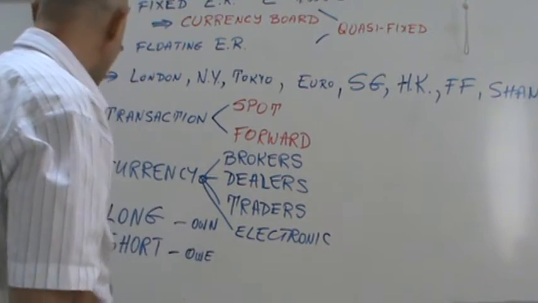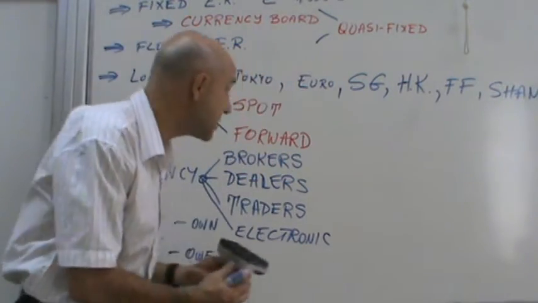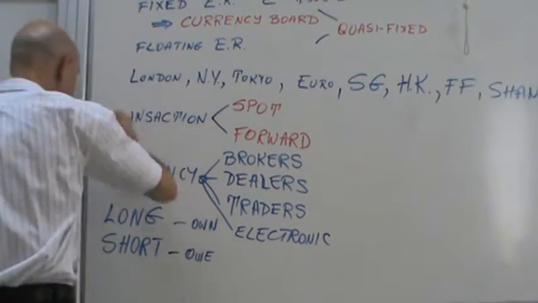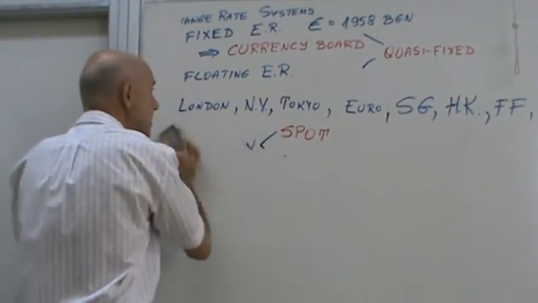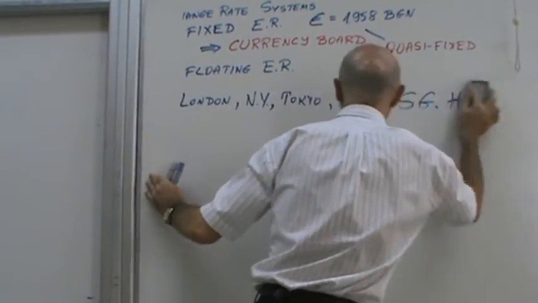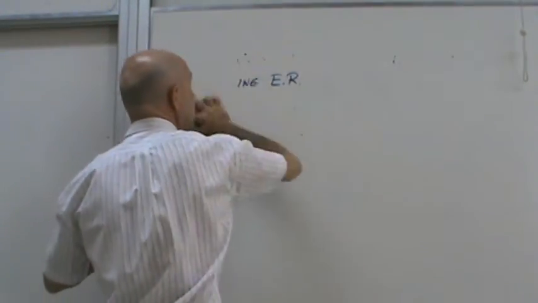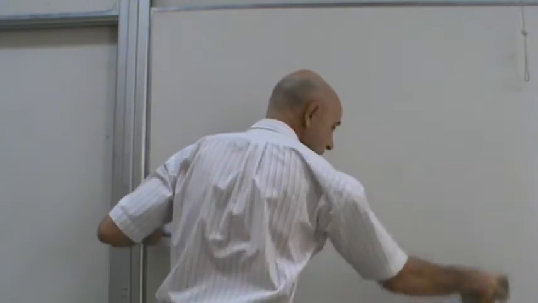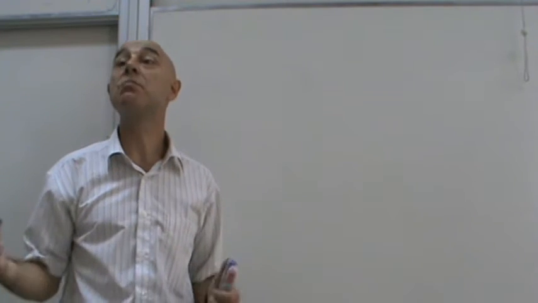So who are the major players in currency markets? There is a special type of financial institution. Probably we'll cover it in a couple of weeks. The biggest player will be banks, commercial banks.